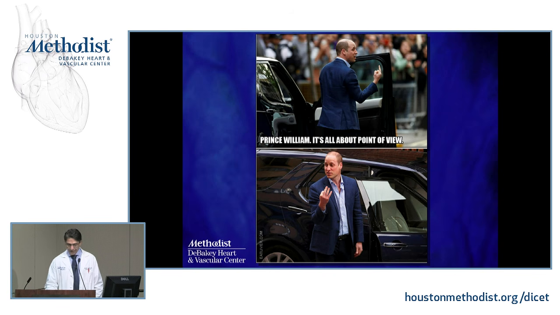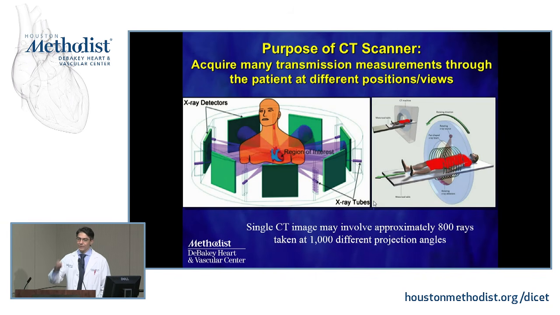And why I bring all of this up is because what if you had an unlimited number of projections? And that's really what CT is. You have unlimited projections around the patient's heart, and what that allows you to do is have a very good idea of spatial relationships, spatial anatomy, to be able to localize things. It's multiple projections of an object you're trying to image.